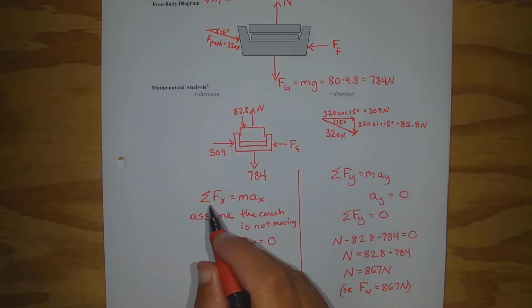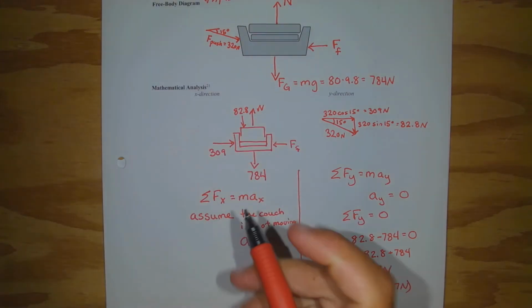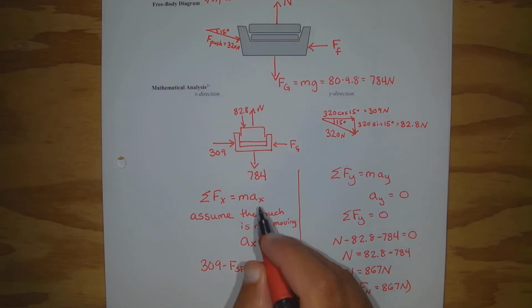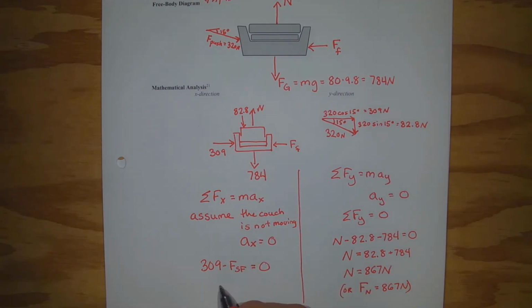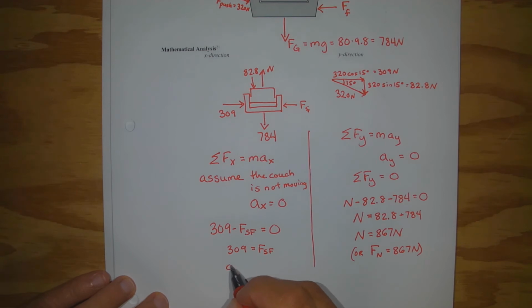So I would have for Newton's second law, if that is the positive direction, 309 minus the force of static friction, since the couch is not moving, is equal to 0, since the acceleration is equal to 0, or I could just say 309 is equal to the force of static friction.